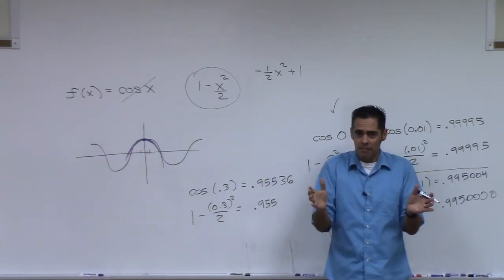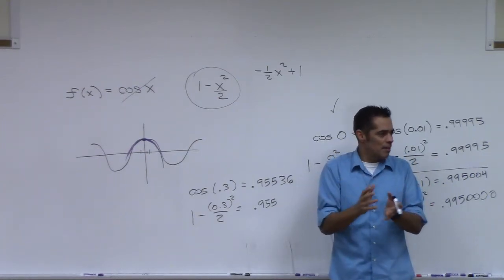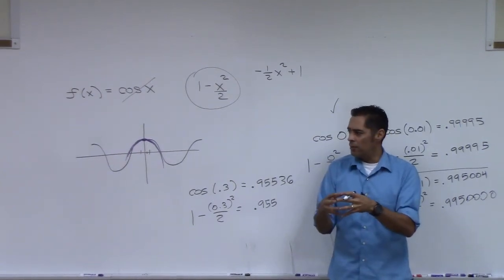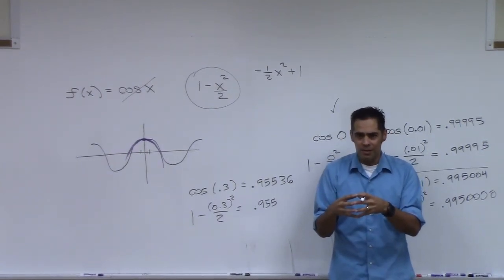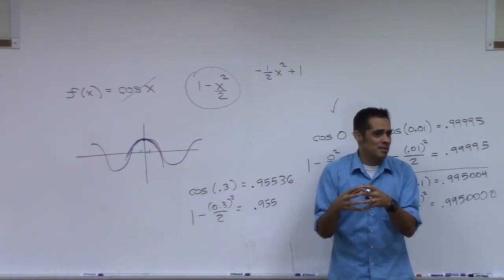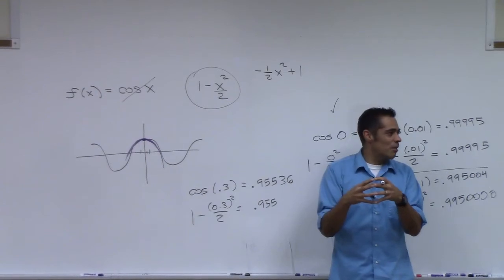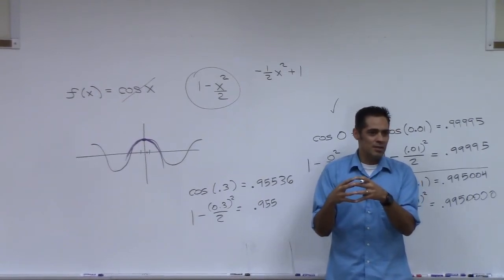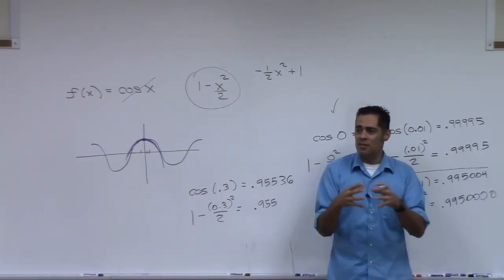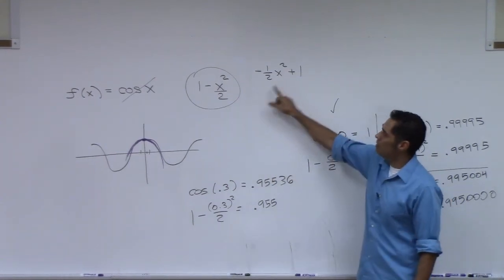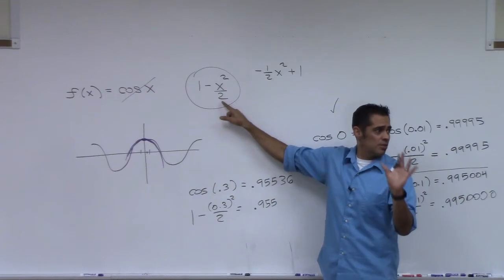When you're manufacturing ball bearings for kids' tricycles, you don't have to be very precise about it. If it's for an aircraft engine, the tolerances have to be out to the thousandths of an inch. This approximation is good enough for most applications.